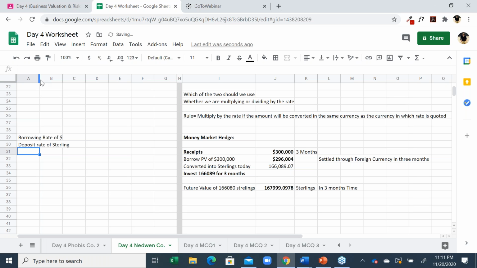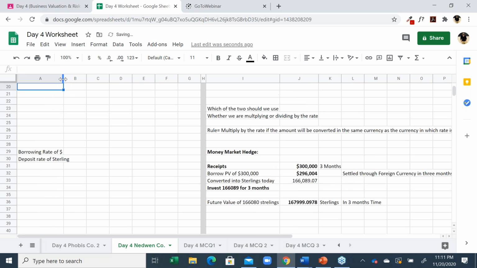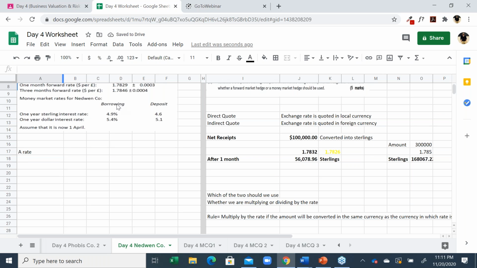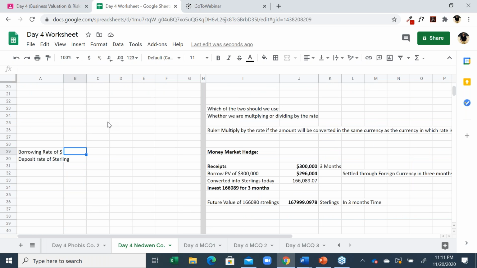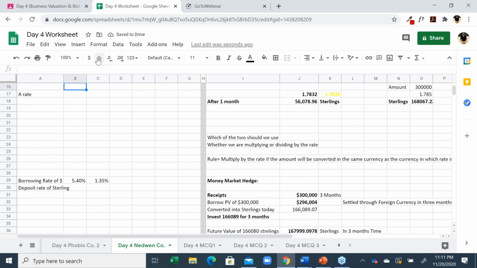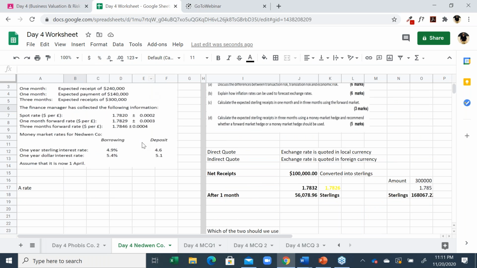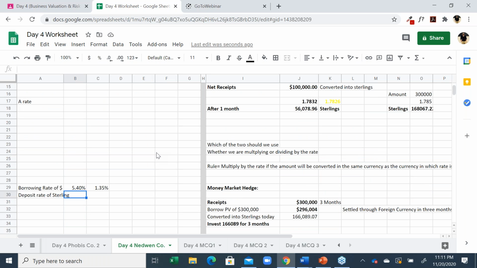So let me write these. What was the borrowing rate? Borrowing rate of US dollar 5.4%, and we should make it a quarterly rate. And what was the deposit rate of sterling? 4.6%, the same rate that we used in the money market hedge.